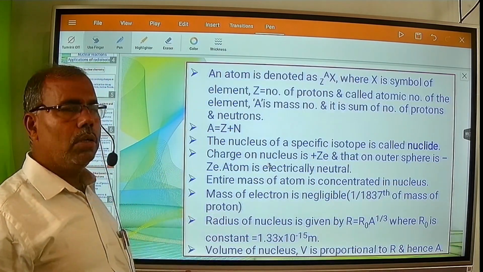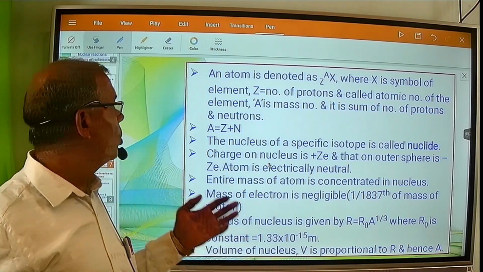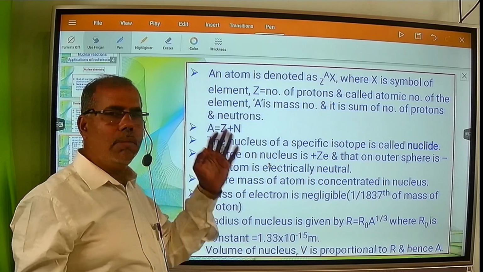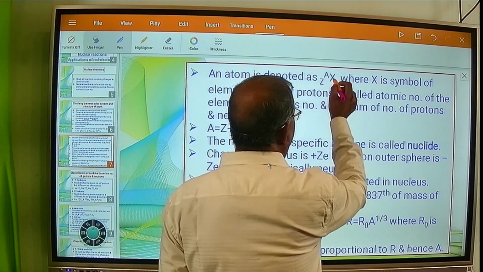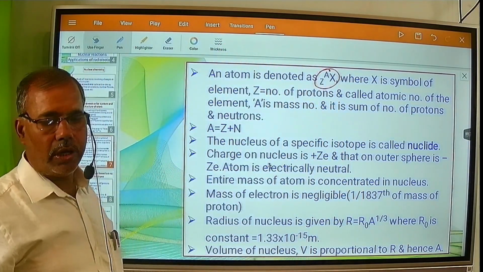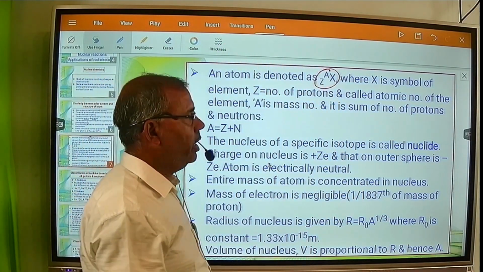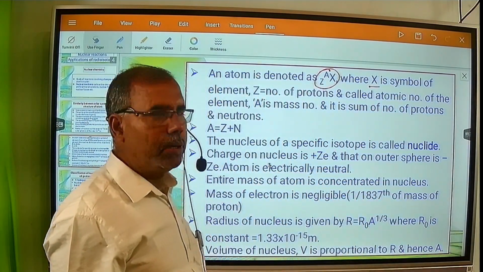Now we shall study some information about the atom. An atom is denoted as ZXA. So any atom is denoted like this, where X is the symbol of the element, it may be any element.